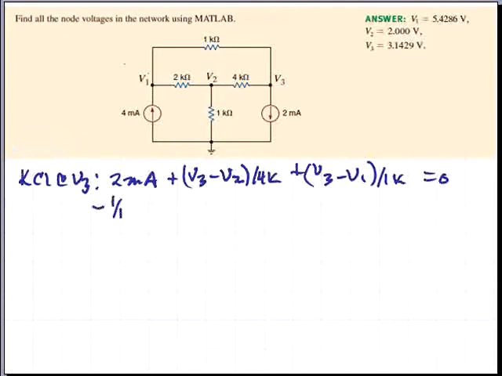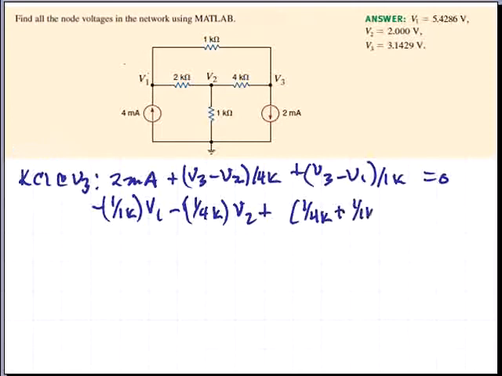Simplifying, 1 over 1K V1 minus 1 over 4K V2 plus (1 over 4K plus 1 over 1K) V3 is equal to minus 2 milliamps.